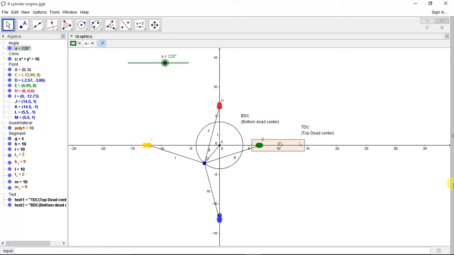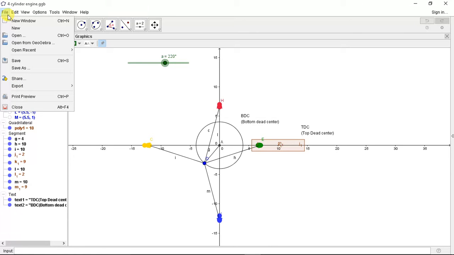This can be helpful for analysis of cylinders, that if there is a knocking or noise at a particular angle, we can find in which engine there is a problem.